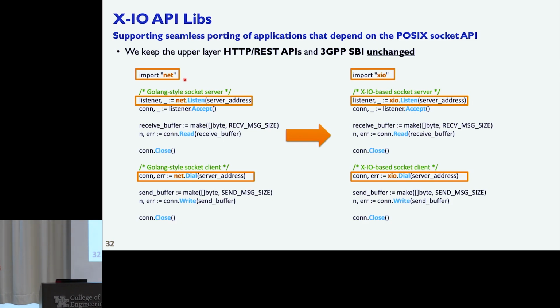The server program refers to the module and uses its APIs to open a listener socket and wait for connections from the clients. The clients also refer to the net module and use the dial call to get connected to the servers.